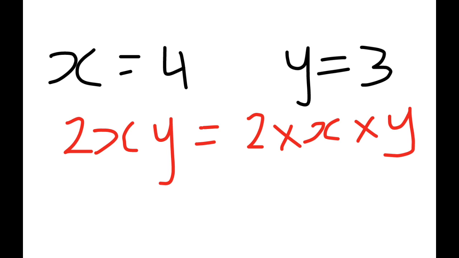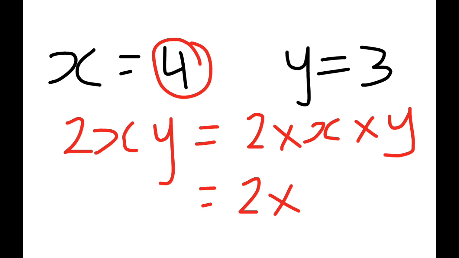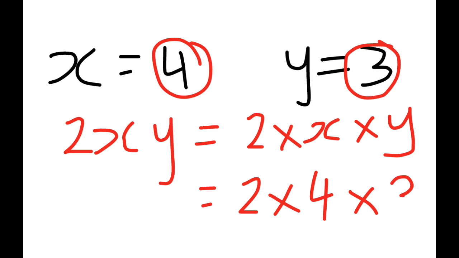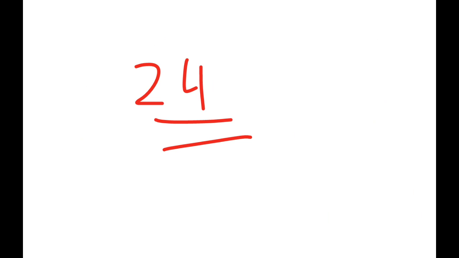So again, if we're substituting, we would write 2 times, instead of x, we know that x equals 4. And instead of y, we know that y equals 3. And then evaluating that, 2 times 4 times 3, my answer there would be 24. So evaluate gives me a numerical answer, gives me a value.